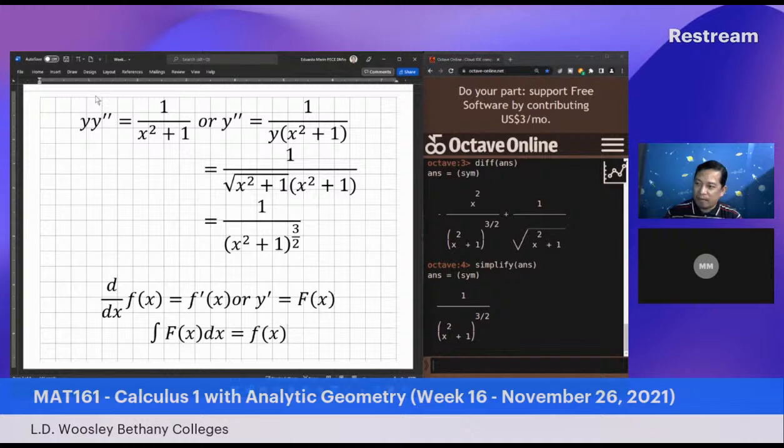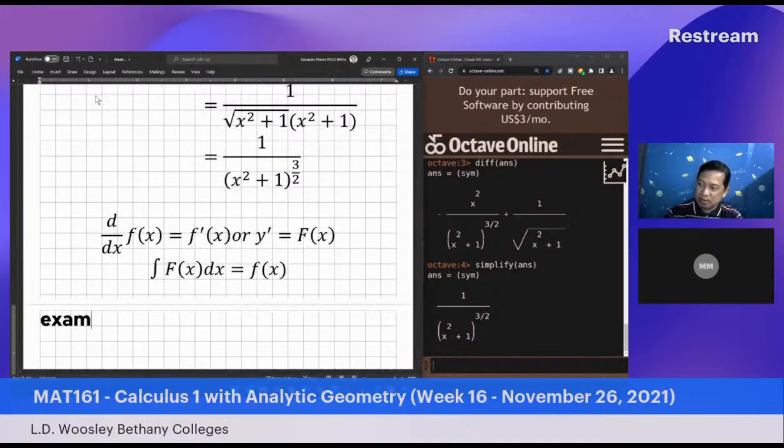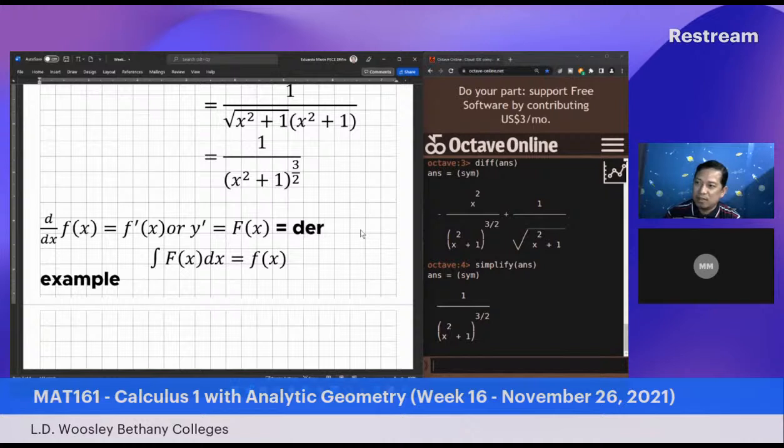Halimbawa, sample. So meron kang tinatawag, ang tawag diyan ay antiderivative, because this is the derivative, and of course the opposite operation, basically we call it antiderivative.